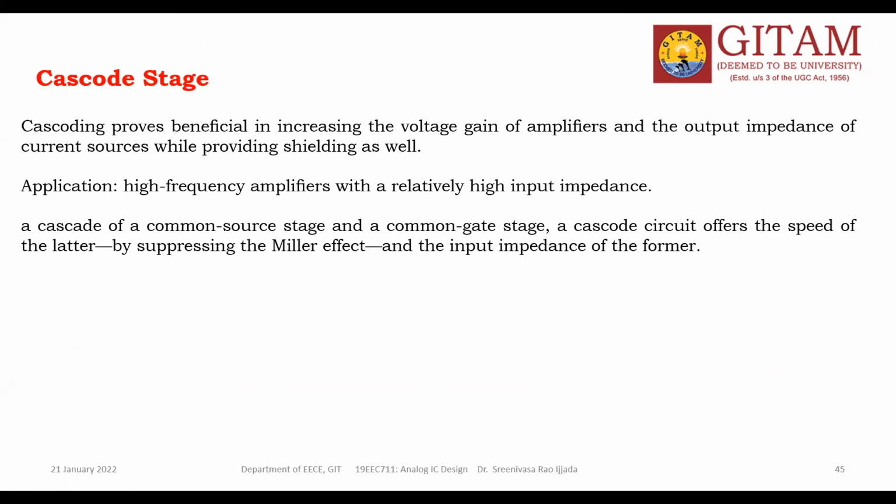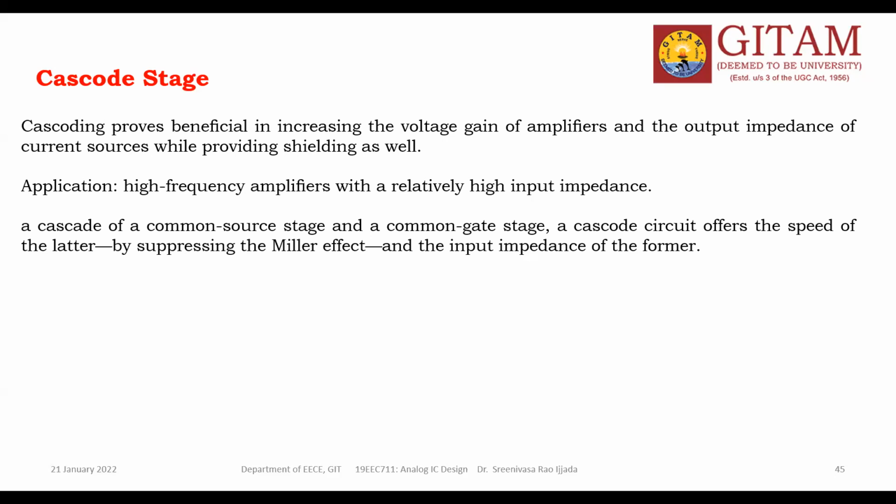So what are the characteristics of the cascode stages? Cascode of the transistors will have more benefits. What is that? Increasing the voltage gain of the amplifiers and the output impedance of the current source, while providing the shielding as well.